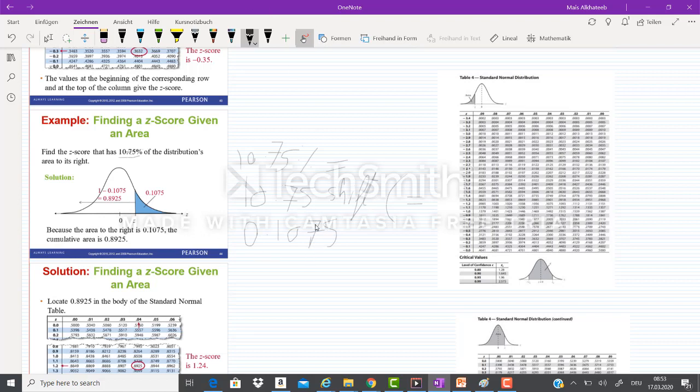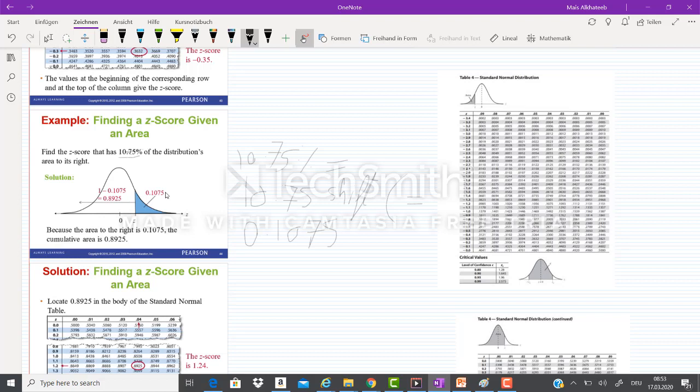After calculating this value, this is the area to the right. We have to calculate the area to the left. Why do we use the area to the left? Because the table gives us only the area to the left. If I have the area to the right, I have to convert it to the area to the left: 1 minus the area to the right.